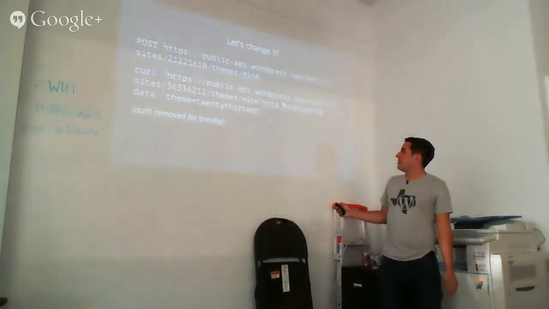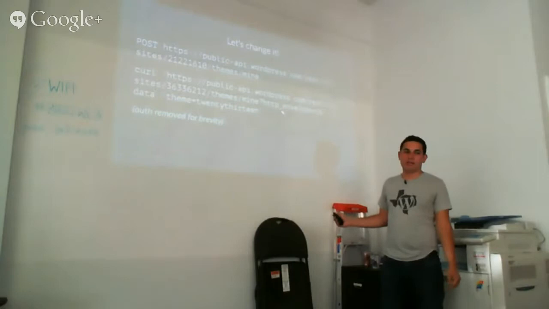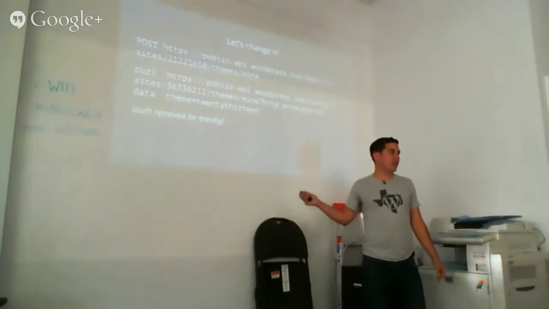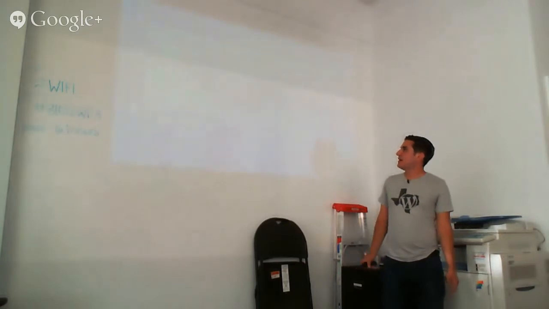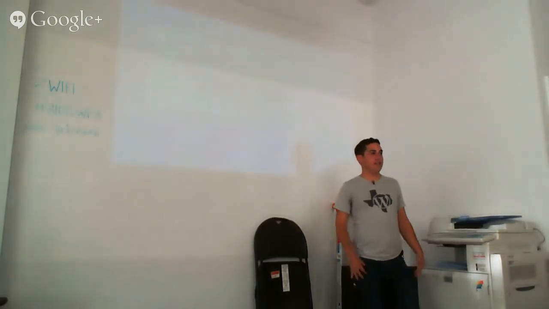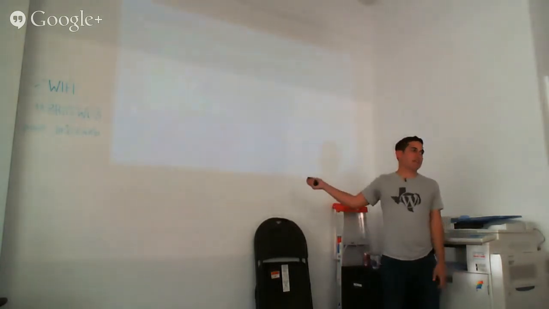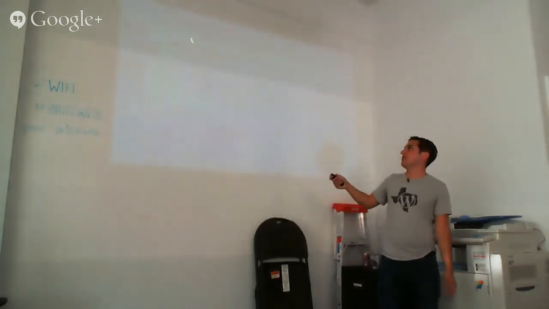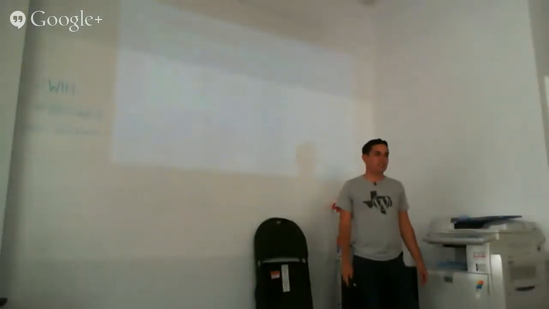So again, you're hitting that endpoint and passing in as the data parameter the name of the theme that you want to change it to, so 2013 in this case. And you would also pass in some information about authentication, which I've removed just for the sake of this example. And as a response, you would either get a false, which means the theme didn't succeed at changing, or you would get the theme object back. And in this case, that's what we got. So we got 2013 back, meaning that the theme was successfully changed on the site.